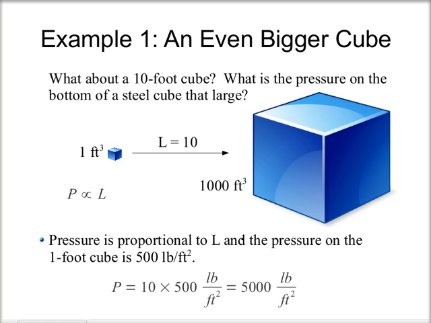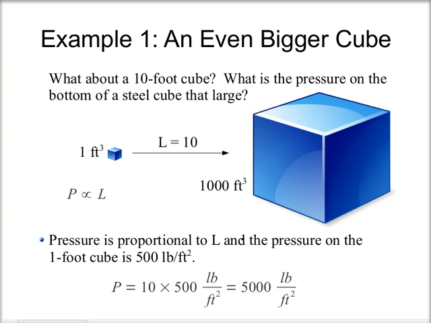So let's look at the example of an even bigger cube. Here I've got a 10-foot cube, so it's scaled up with a linear scaling factor of L equals 10. And I want to find what the pressure on the bottom of this steel cube is.